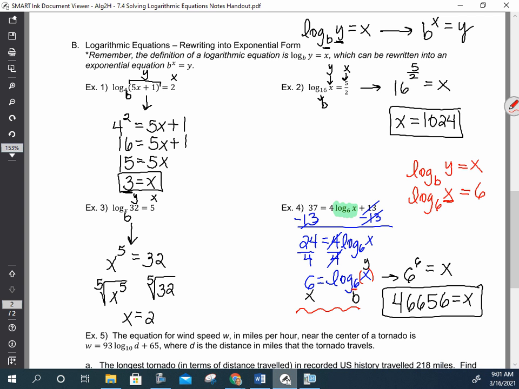But this isn't 6 to the x power. This is log base 6 of x. So I see where you're coming from. Good question there. Any other questions before we move to word problems?